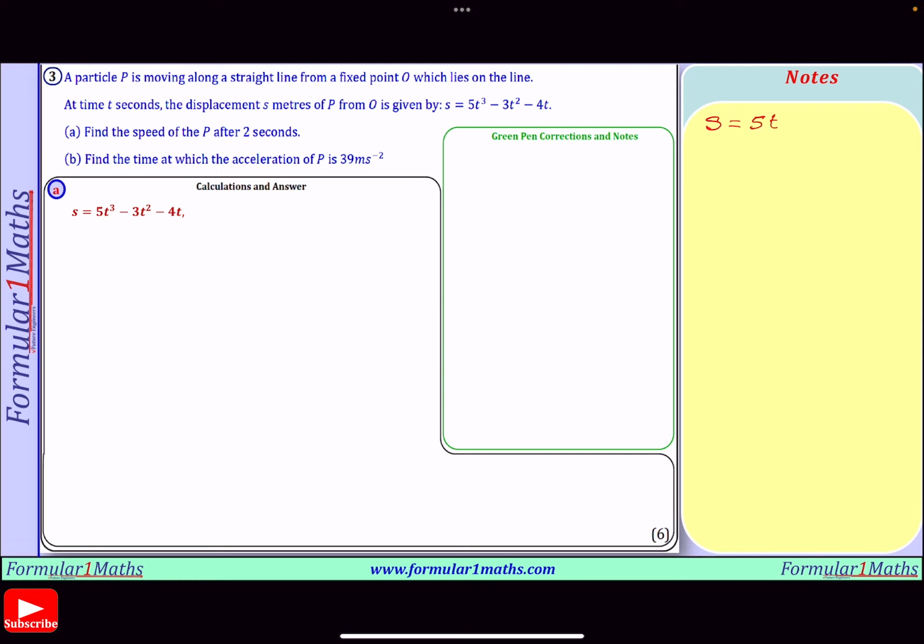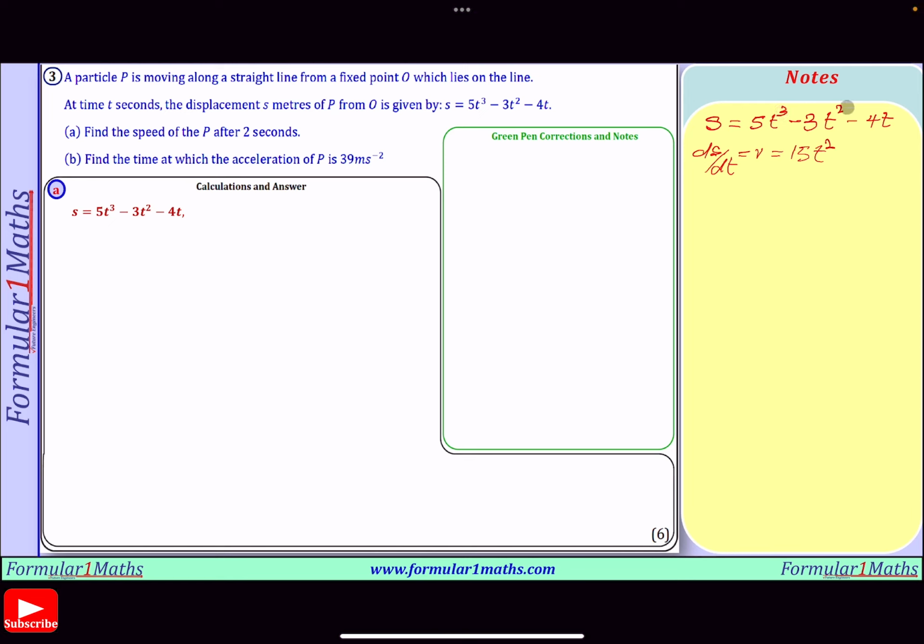So if s is equal to 5t cubed minus 3t squared minus 4t, differentiating will give us ds/dt, which will be equal to v, and that will be 3 times 5, which will be 15t, and reduce the power by 1 to get 2 here.